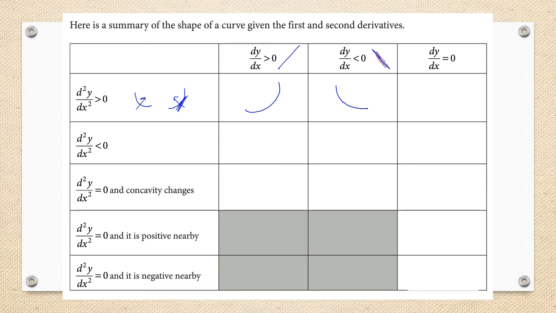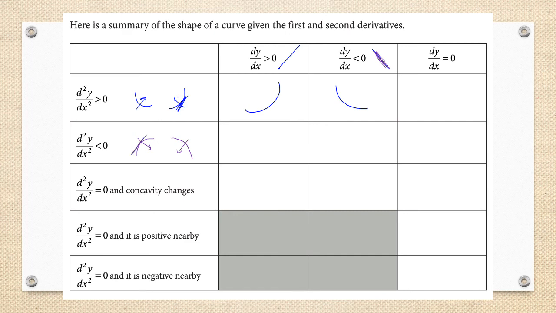And if the second derivative is smaller than 0, it tells us it is a cap shape. So we have two types of cap shape, both concave downwards. Which one is which? We take a look at the gradient. Which one will give us a positive gradient? Very obviously this one, right?